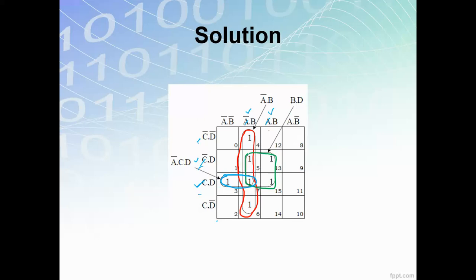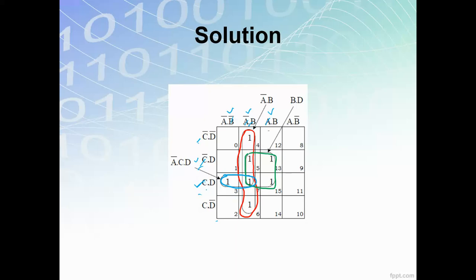And we have a blue loop. This loop uses two cells containing one, and when you write the expression it involves these two columns, A bar dot B bar and A bar dot B, so you eliminate the B bar and you get A bar.